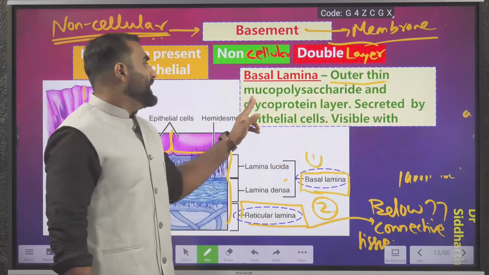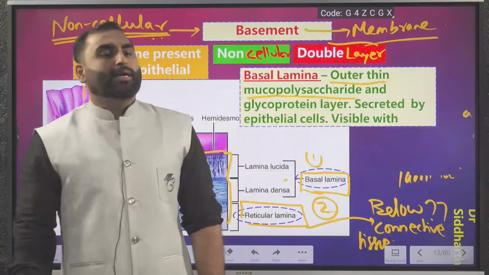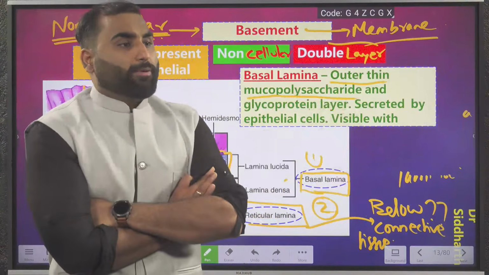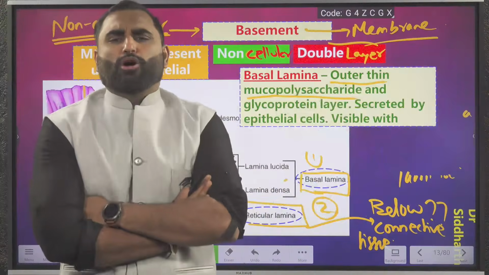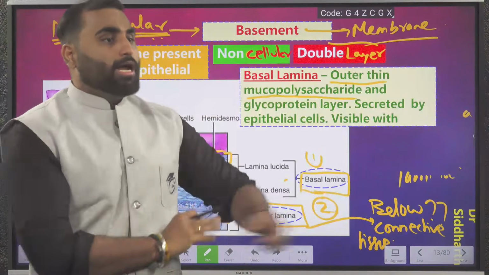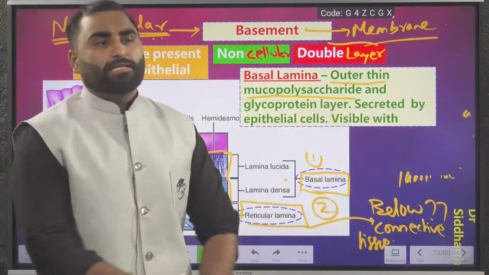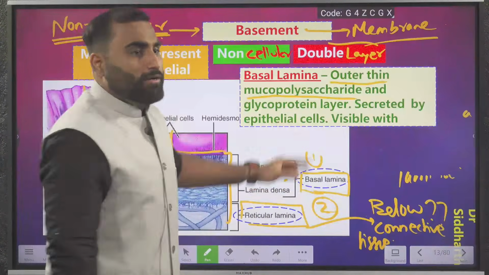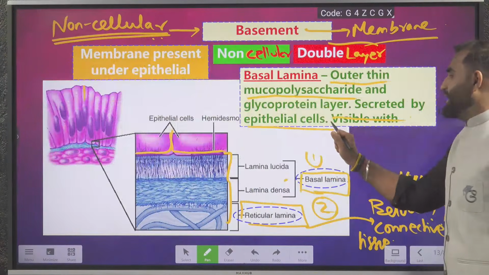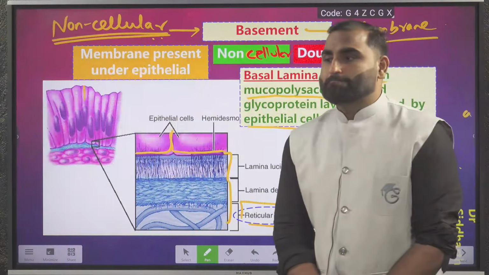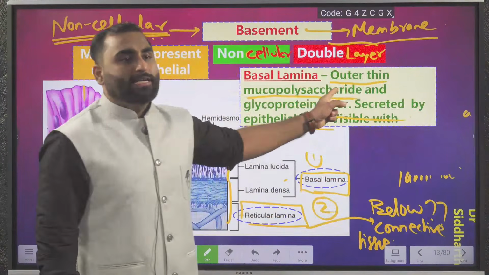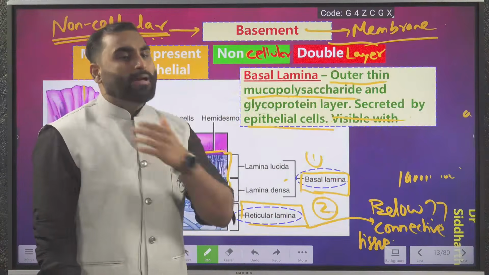Outer thin layer made up of mucopolysaccharides. Mucopolysaccharide is basically a complex sugar, along with certain glycoproteins, which is secreted by epithelial cells. That completes your basement membrane.